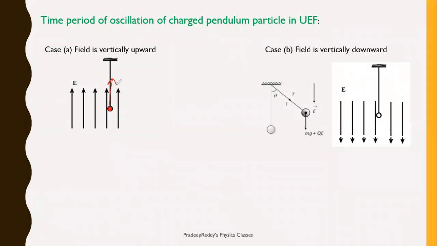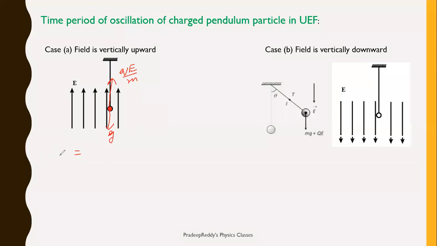So that acceleration, I can write it as QE divided by m, and downward there is gravitational acceleration g. Now both are in opposite direction. So simply I will write it as g net, net acceleration. You can consider g net, or instead of g net, you can take it as a net.